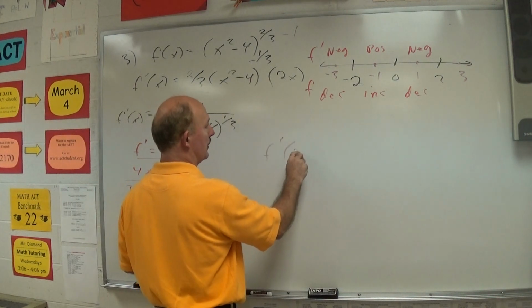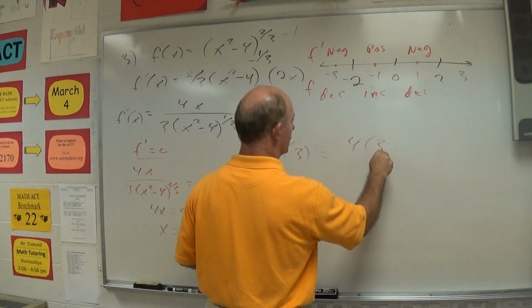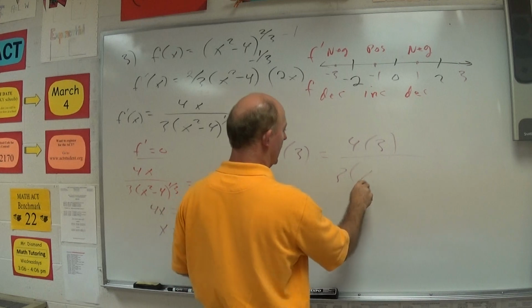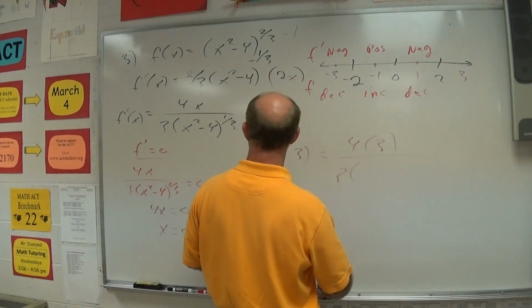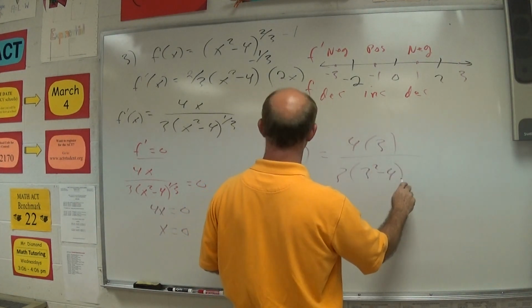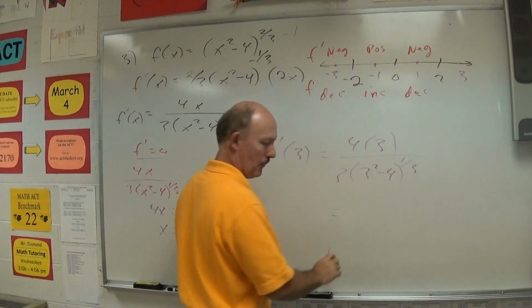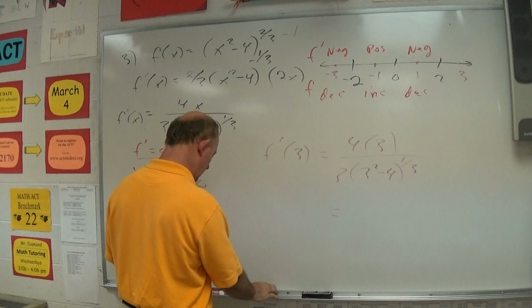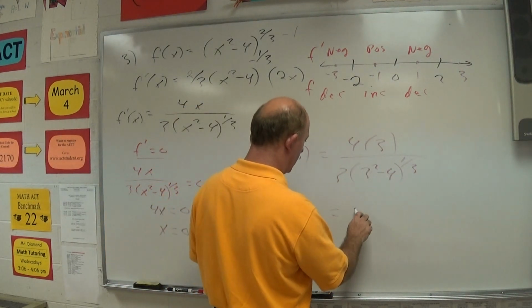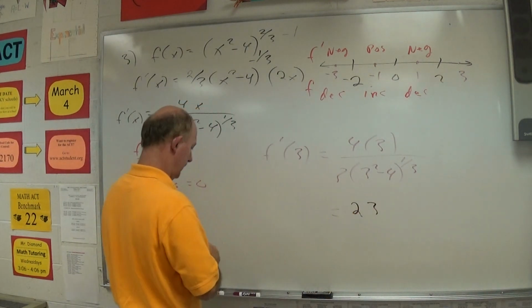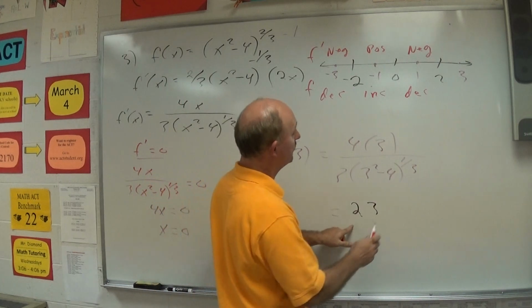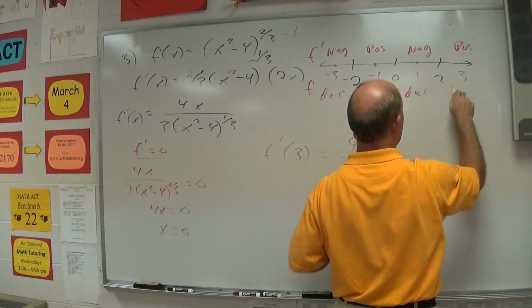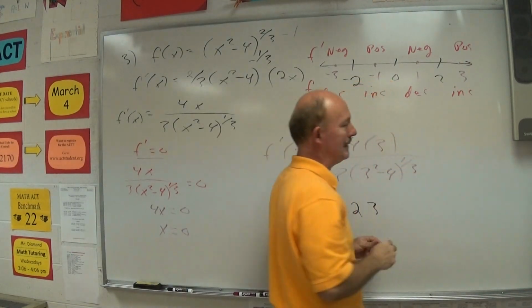So f prime at 3 is 4 times 3 divided by 3 times 3 squared minus 4 to the 1/3 power. When I calculated this, I got +2.3. So the derivative is positive, just like we thought it would be, and the graph is going to be increasing.